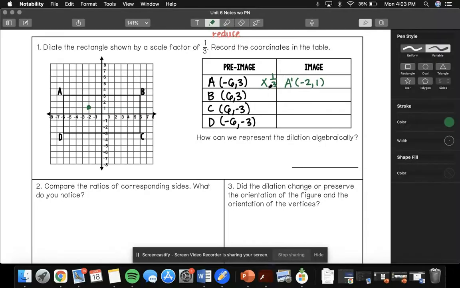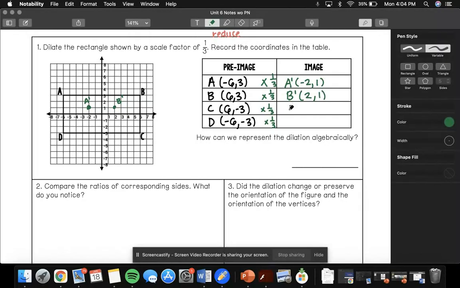Now we're going to do the same thing for B, C, and D. B is at 6, 3, so B prime: 6 times 1/3 is 2. 3 times 1/3 is 1. So B prime is at 2, 1. Okay.